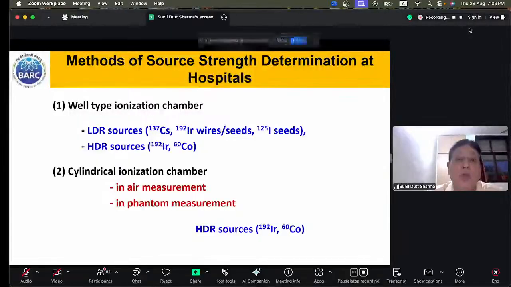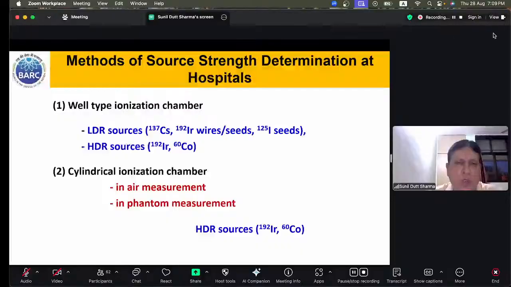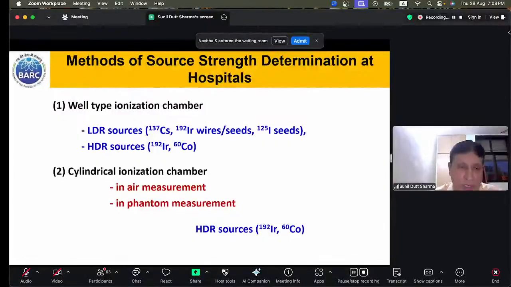It can be used in a reproducible manner, so that you can see the consistency of measurement as well. Even the bell type ion chamber was a good instrument to be used with high dose rate brachytherapy sources like iridium-192 and cobalt-60. But the TecDoc 1274 has not provided a method for cobalt-60.